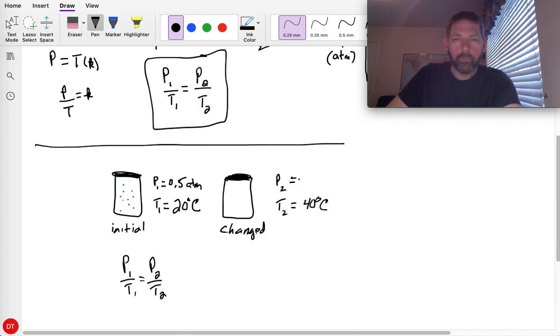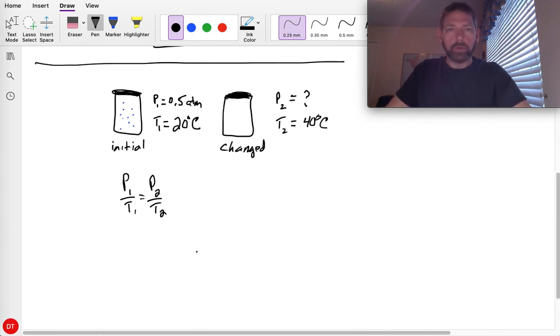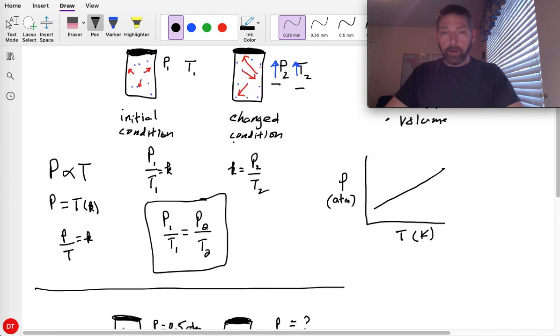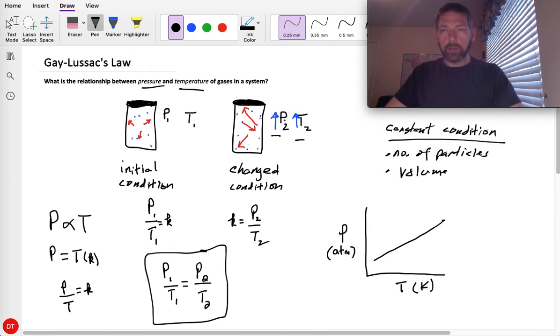So the question is what would the change in pressure be if the temperature were to increase, right? And so step one is figure this out. Now you should already be able to look at this, understanding the relationship we've discussed, right? As the temperature is increased, our final answer should be a pressure that is higher than what we originally started with.